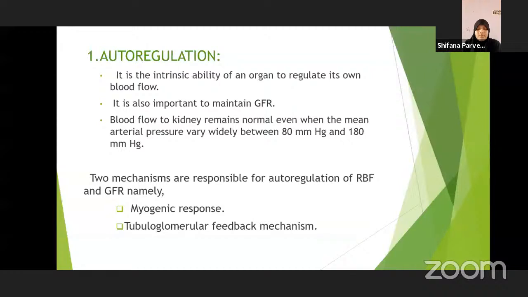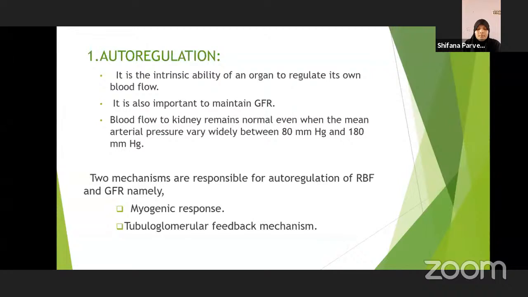Blood flow to the kidney remains normal even when the mean arterial pressure varies between 80 mmHg and 180 mmHg because of autoregulation. Two mechanisms are responsible for autoregulation of renal blood flow and glomerular filtration rate, namely the myogenic response and the tubuloglomerular feedback mechanism.